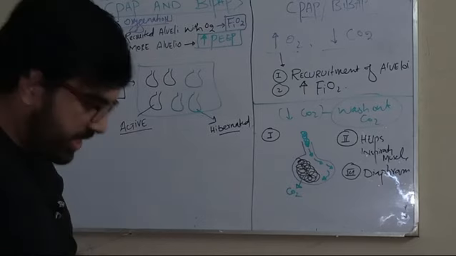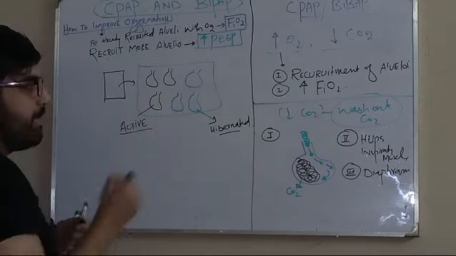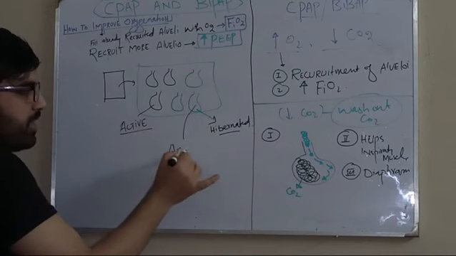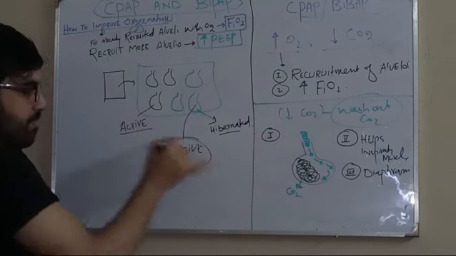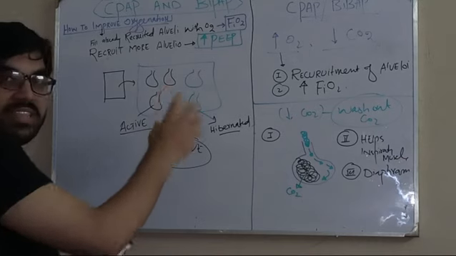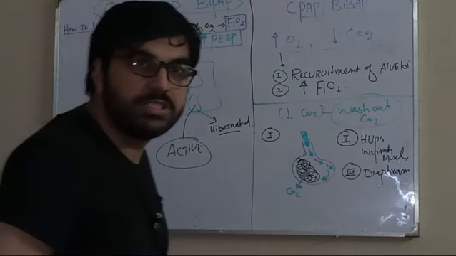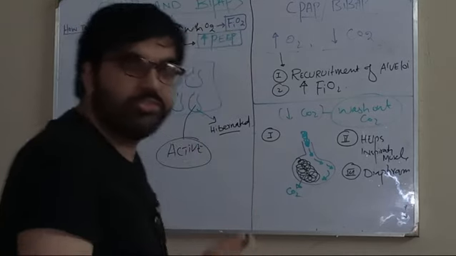So we have active alveoli and hibernated alveoli. How can we improve oxygenation? By making them active. Point number one, if we do something to make the inactive alveoli active, we will be able to improve the oxygenation process.